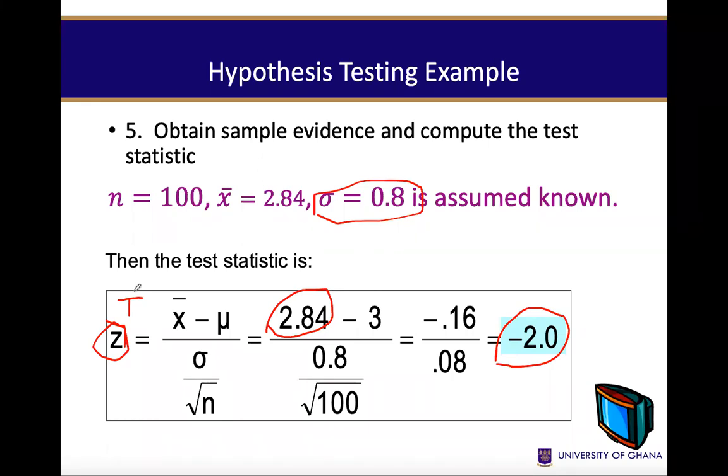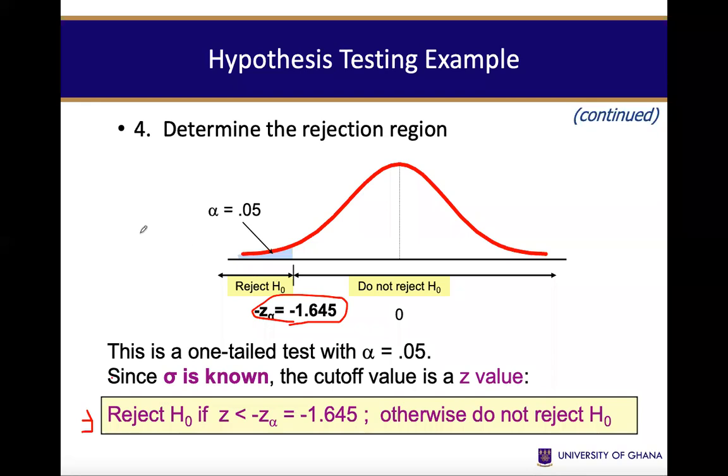But the critical value is mostly represented by setting the distribution and then the level of significance. So the critical value can be termed as Z alpha for a one-tailed test, or it can be termed as Z alpha over 2 for a two-tailed test.